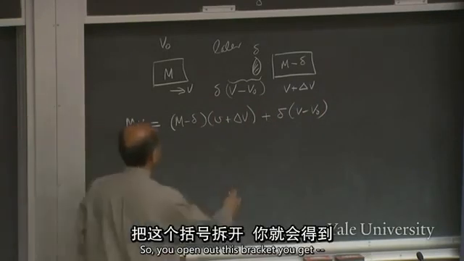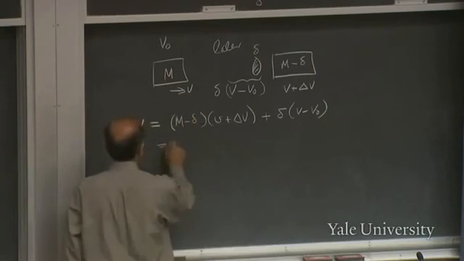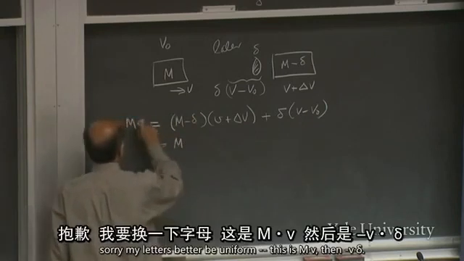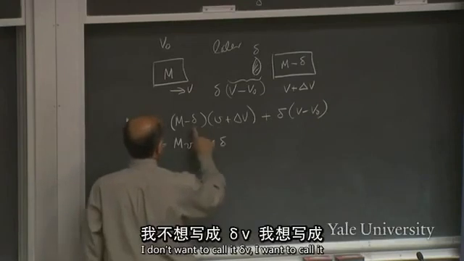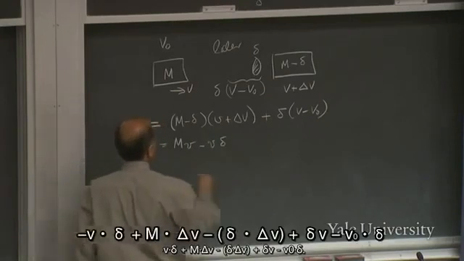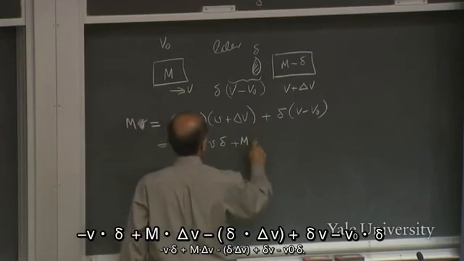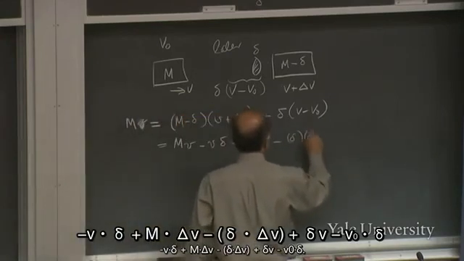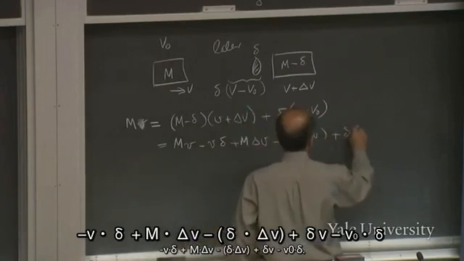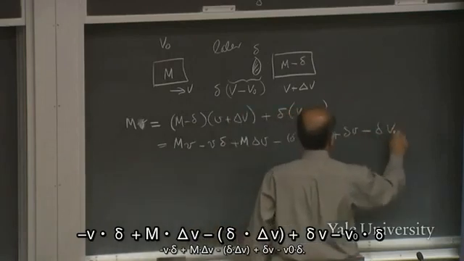So you open out this bracket, you get mv, then minus v delta. I don't want to call it delta v, I want to call it v delta, plus m delta v, minus delta times delta v, plus delta times v, minus delta times v0.